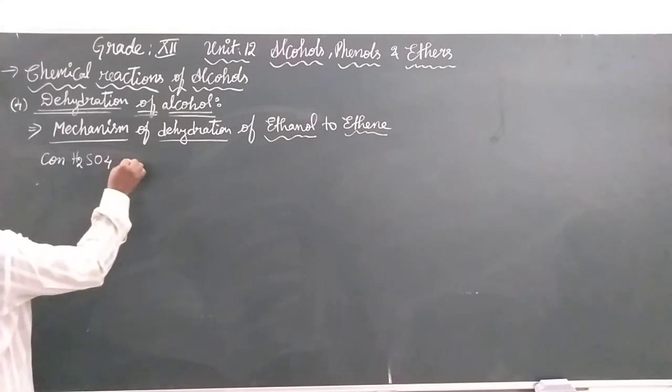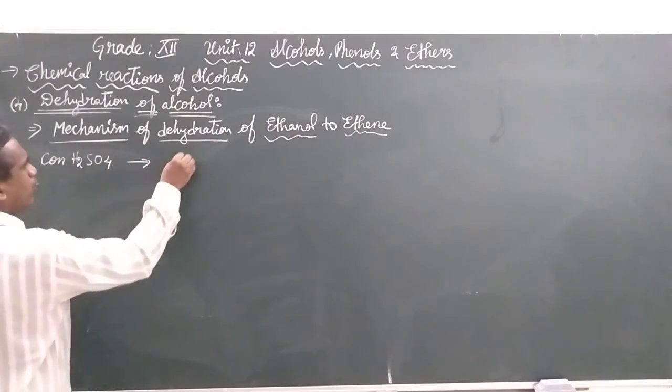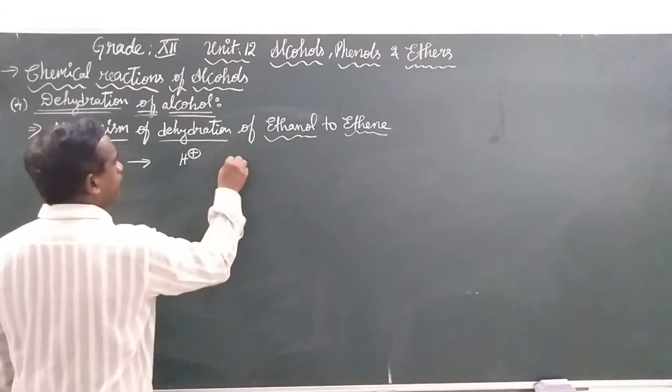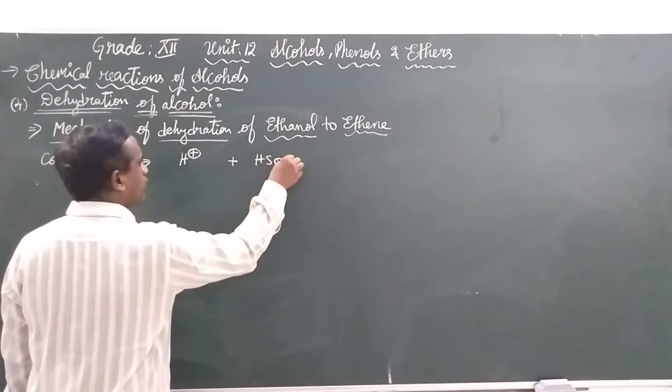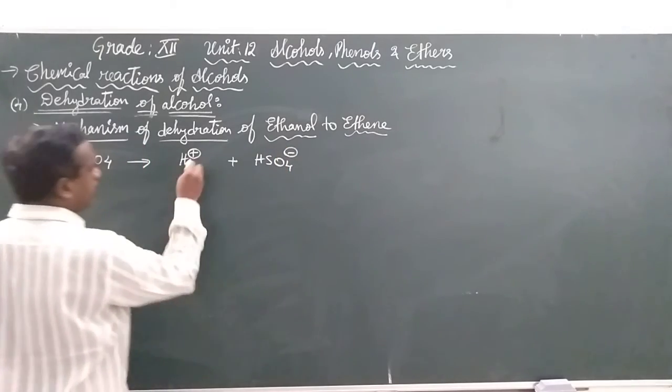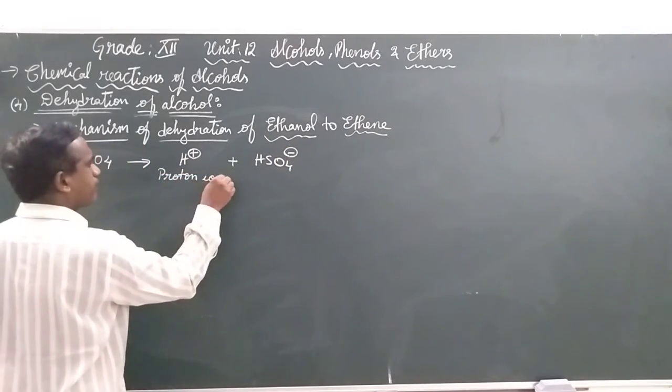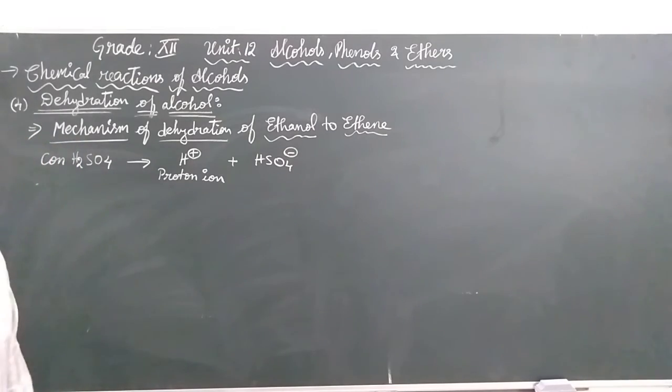It is going to give H plus ions and the remaining byproduct is HSO4 minus. This is what we call protic acids.